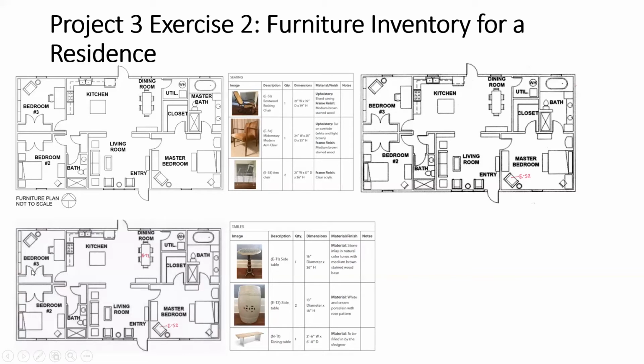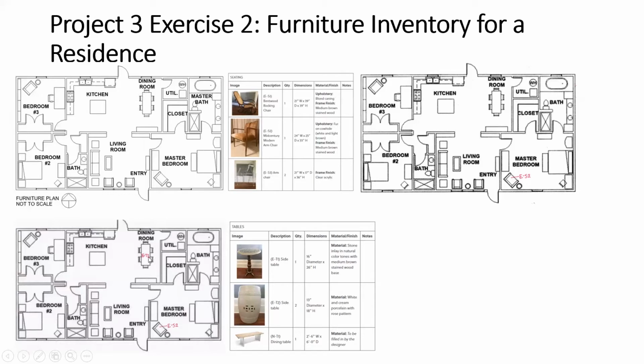So once you have all of the existing furniture placed, you're now going to indicate the new pieces of furniture. For example, nowhere in this client's collection of existing furniture is there a nice long dining room table. They don't have that. So the designer is going to have to specify that for them. You can see here on the furniture plan, it's going to have all the designations for the existing furniture.